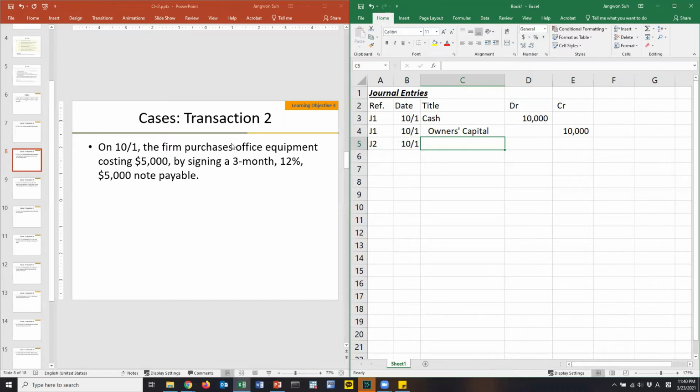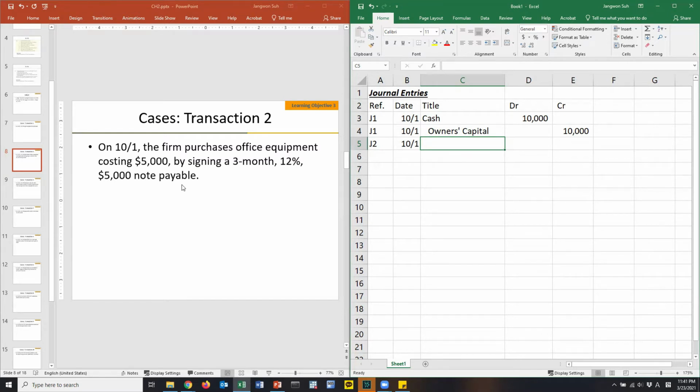Let's pay attention first to the equipment costing 5,000 and the notes payable, the liability, rather than the 3-month maturity and 12% interest. We will revisit this issue, but for now, let's pay attention to our acquisition of equipment and issue of the notes payable.